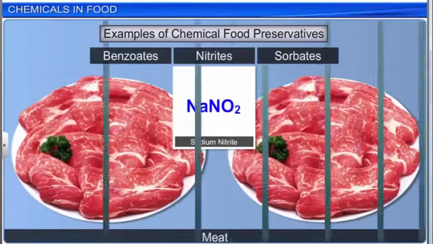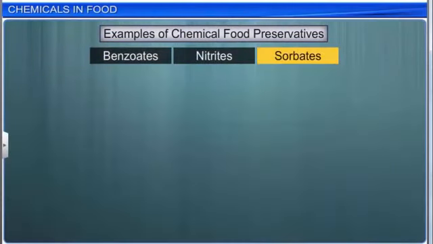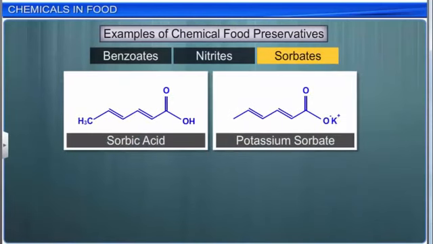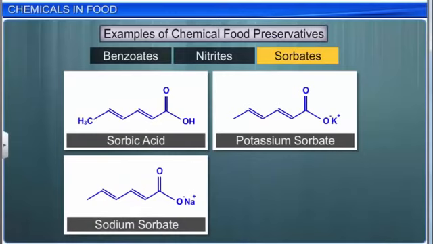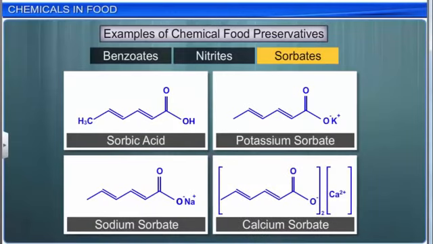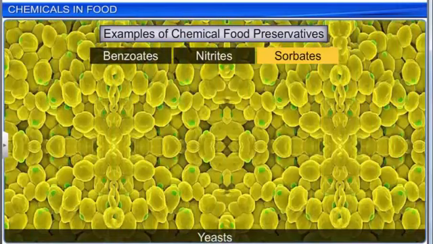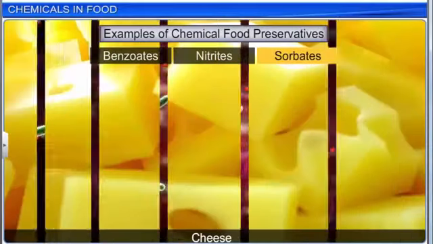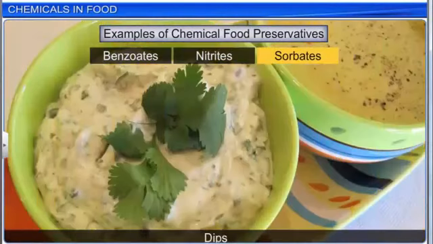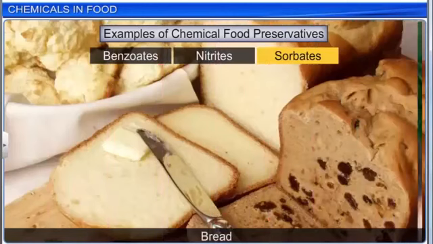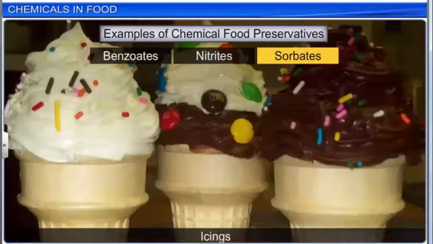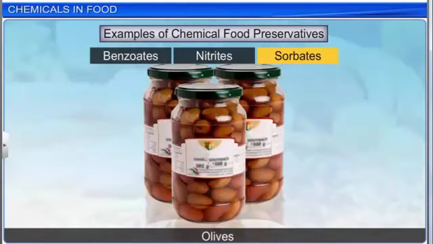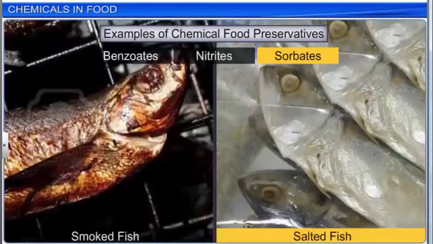The sorbate family of compounds available as sorbic acid, potassium sorbate, sodium sorbate, or calcium sorbate are effective against yeasts, molds, and selective bacteria, and are widely used in cheese, dips, yogurt, bread, icings, salads, beverages, olives, smoked and salted fish, and several other food items.